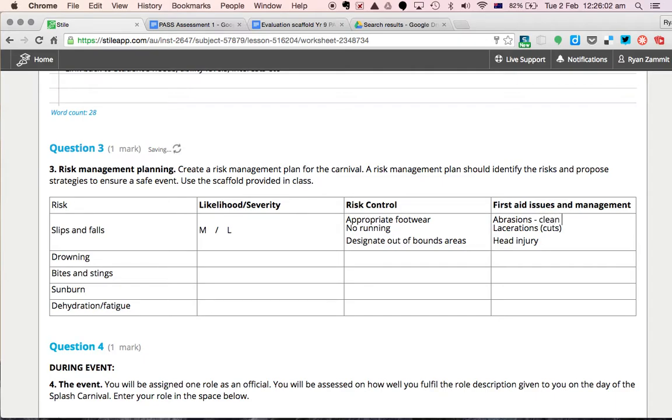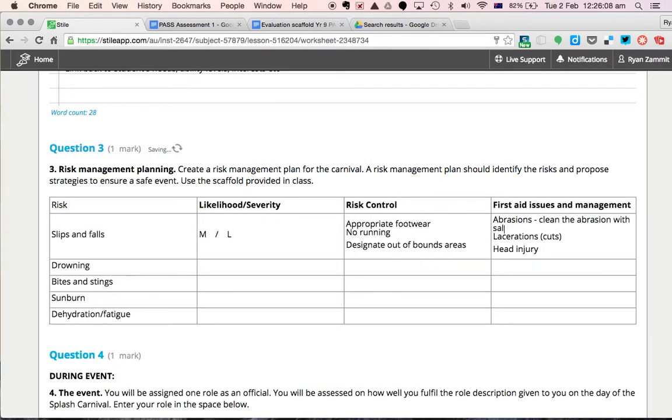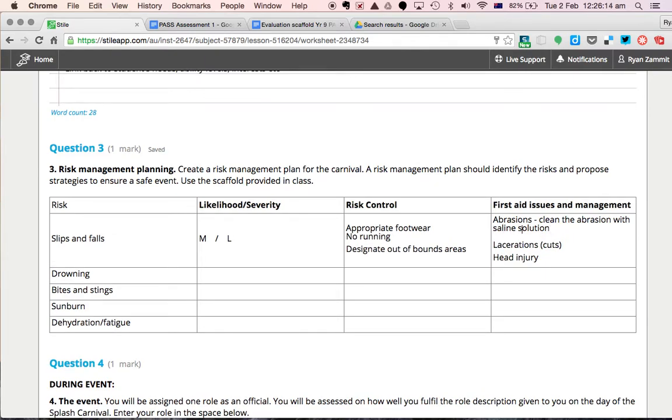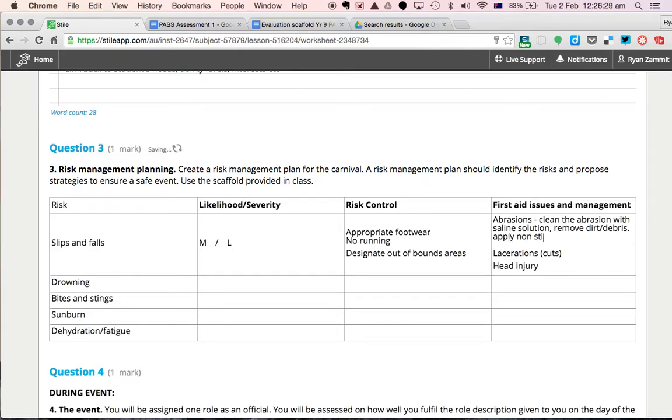We want to clean the abrasion with saline solution, which is a purified clean solution that will remove any dirt or debris. We also want to apply a non-stick dressing. We could also apply antiseptic, and so on. These are some of the first aid treatments.